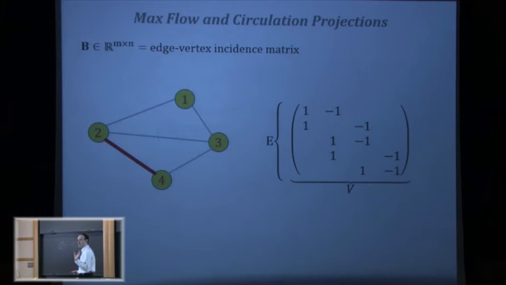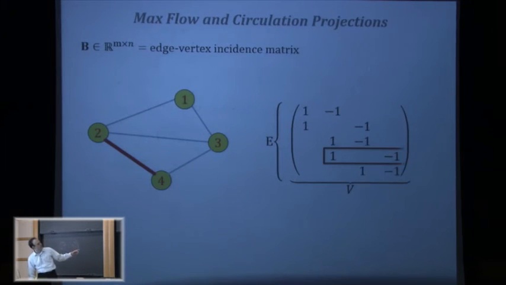And for every edge in the graph, you'll have a row of the matrix, which will have a 1 and a -1 in the entries corresponding to the vertices. It doesn't matter what order. You're going to arbitrarily fix which is the 1 and which is the -1, and it won't change anything. It's just a sign convention. So this is our edge vertex incidence matrix, a 1 and a -1 for the 2 vertices involved in every edge. So it's an m by n matrix.